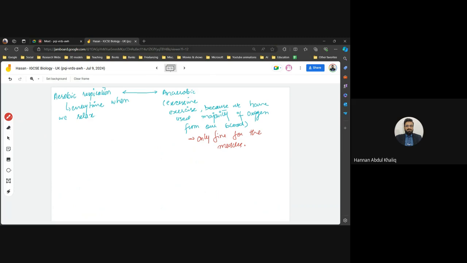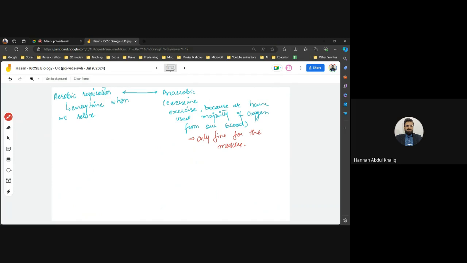The body would increase the oxygen direction towards the heart and brain, and reduce it towards the muscles. Why? Because the brain can never tolerate the lack of oxygen. It would divert more blood towards the brain.